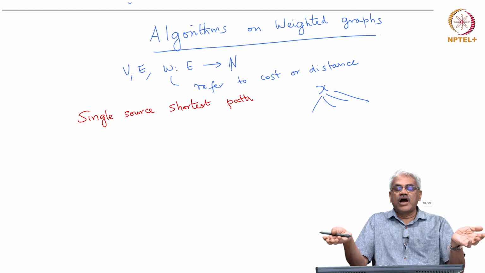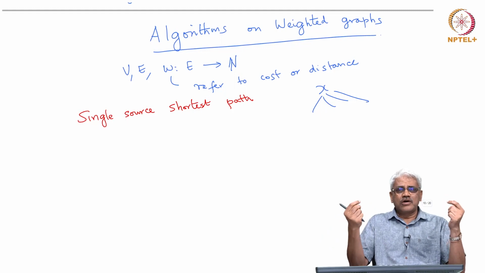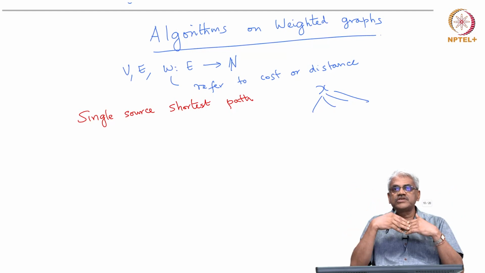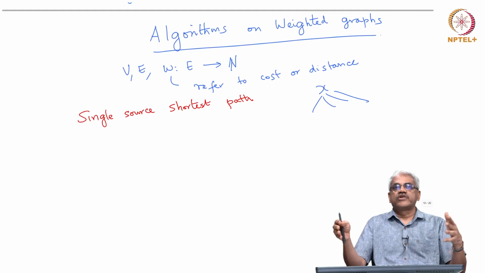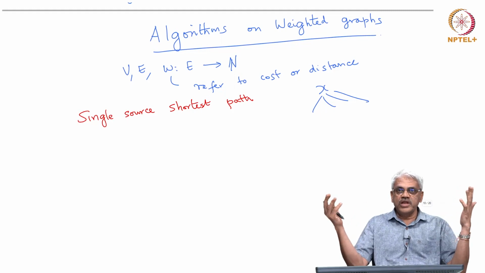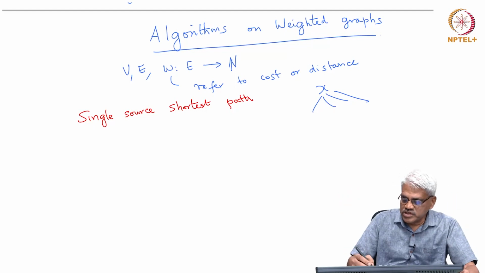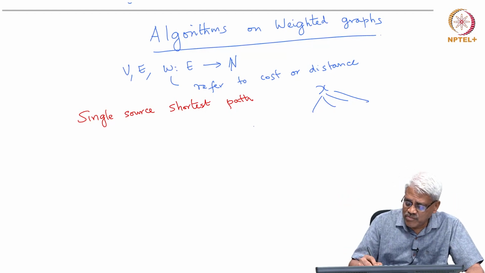If all weights are 1 or the same, then you might as well apply BFS, it will give you the shortest path from x to every other vertex. But if the distances vary, then BFS does not give you the shortest path. You can come up with a very simple example.